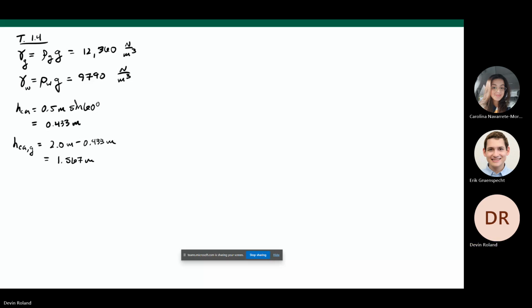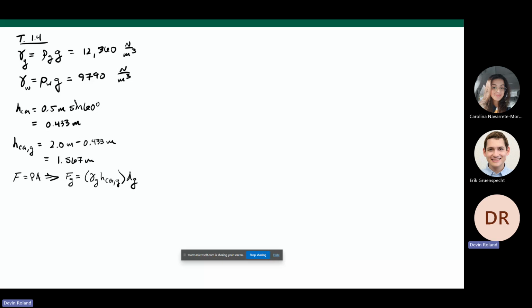So then, if we compute the glycerin force and line of action, we know that force is pressure times area. So the force of glycerin is going to be the pressure of glycerin, which is your gamma, the specific weight of glycerin, multiplied by that HCG of glycerin, multiplied by the area for glycerin.